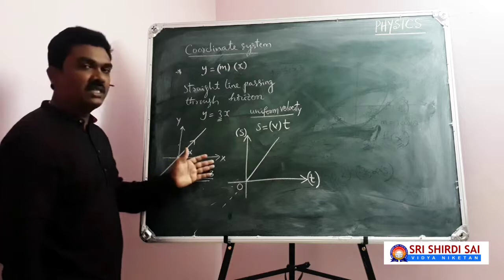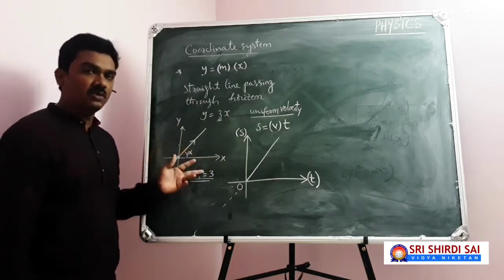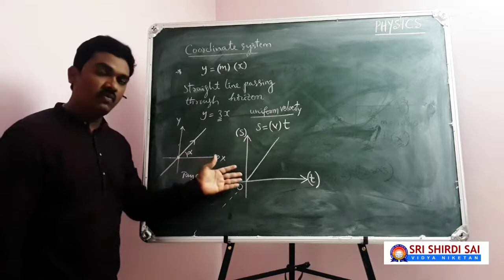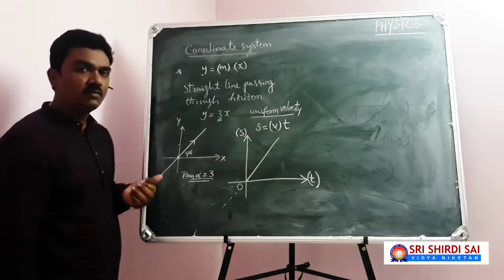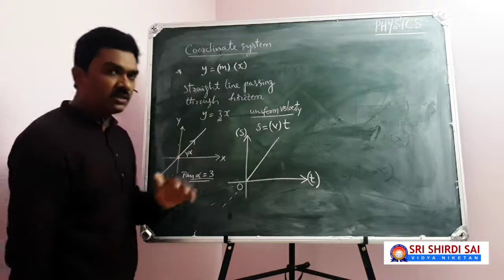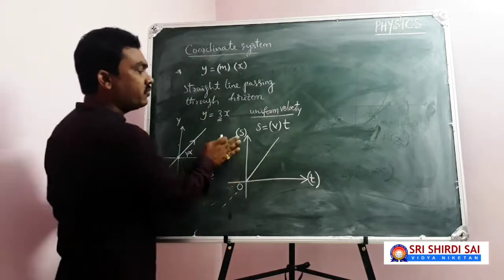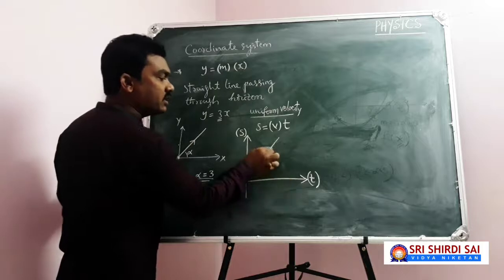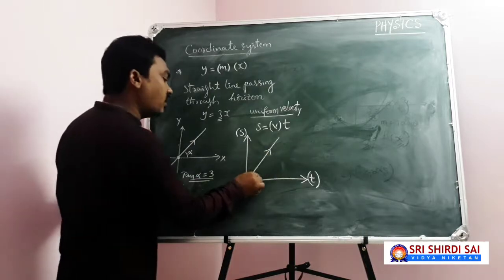Here it is simply x is some variable, y is some variable, which can take both positive and negative values. But coming to the physical quantities, you should be careful. So when you are applying to physics, this is what you need to learn. So displacement versus time graph is a straight line passing through origin with a constant slope.